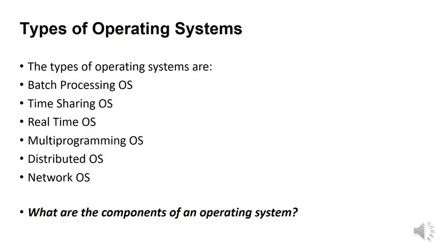So we now have the distributed operating system, consisting of numerous processors. A distributed operating system presents itself to its user as a conventional uniprocessor system.